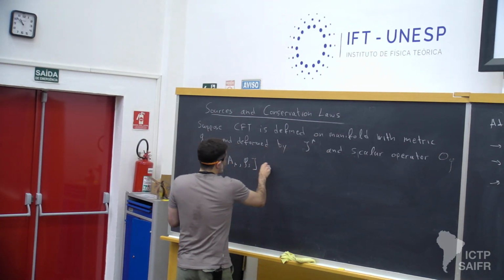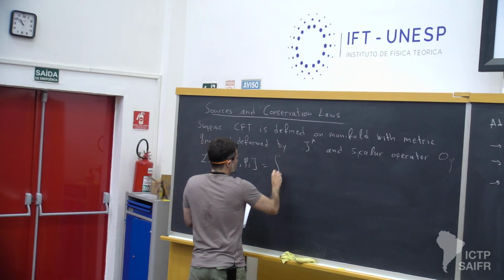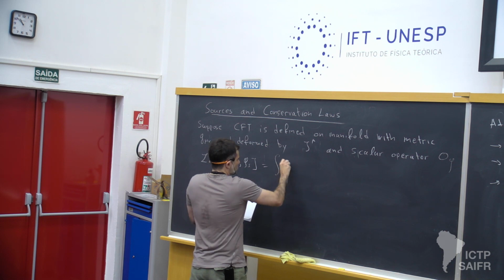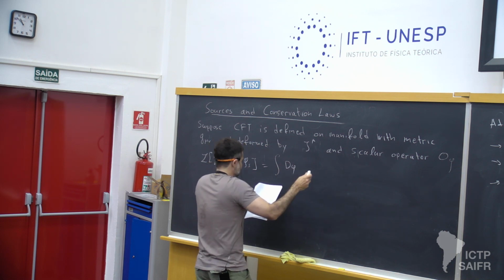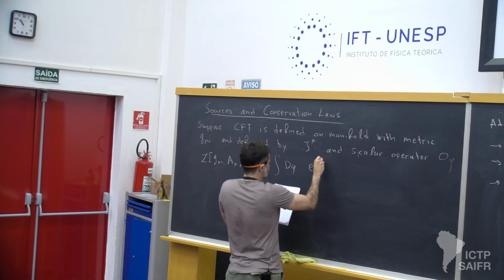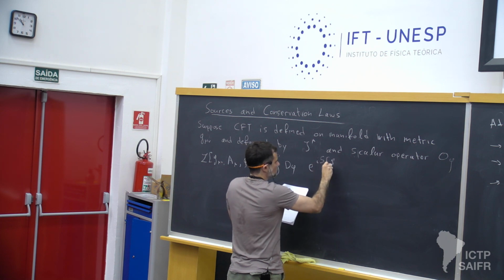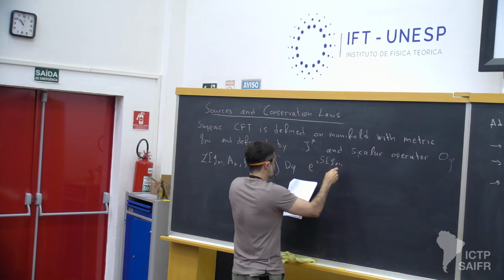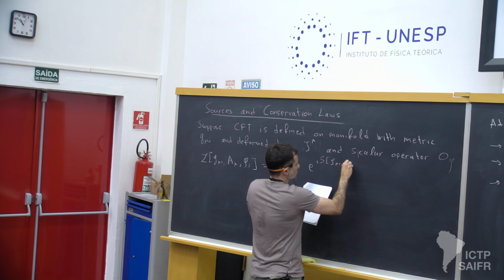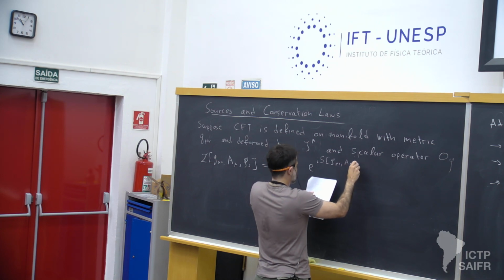Let's say that you have some action. You can do some path integral if you have a local action. And then the action is a functional of these background fields.